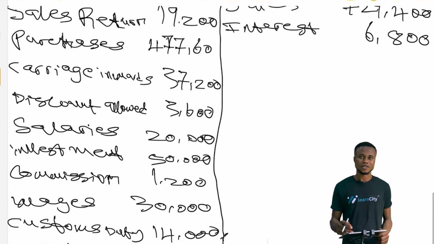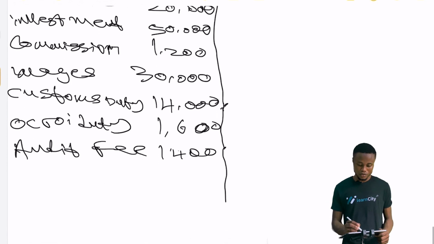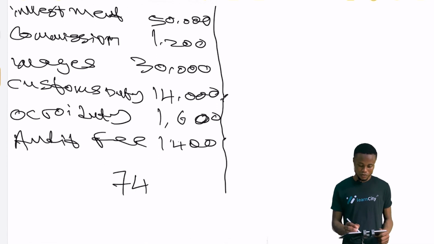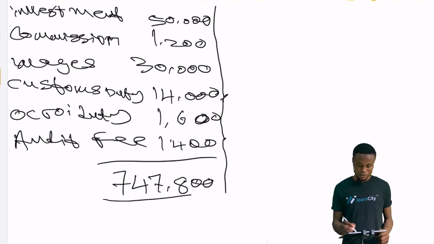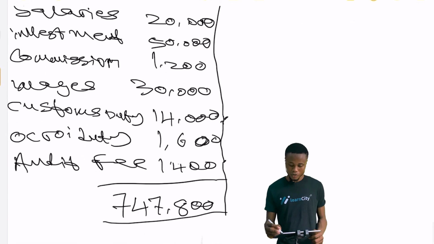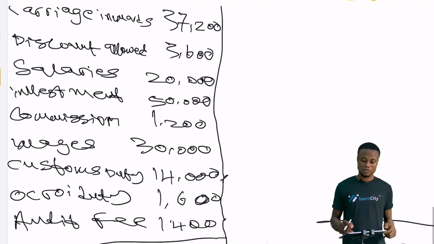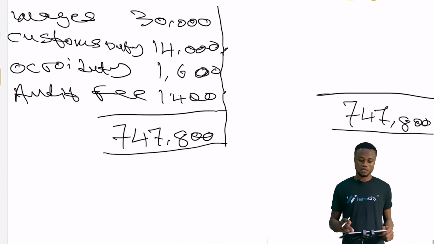you are going to arrive at 747,800. Don't forget your credit side also, the very same amount, 747,800. So that's that about the trial balance. Oh, sorry, let me give you the closing stock.